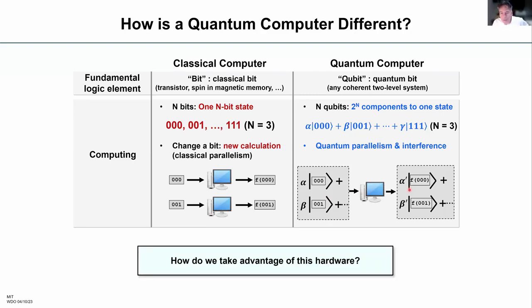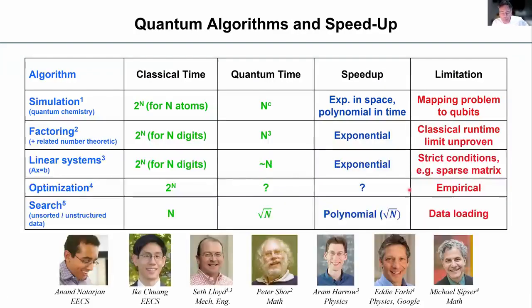So how do we take advantage of this? Well, we take advantage of it by making algorithms. As we talked about at the beginning, many of these algorithms were developed in the mid-90s and continue on today. I won't read through the whole slide, but what we have on the left are the categories of algorithm, the classical time, how long it would take a classical computer to compute, say, a problem of a size represented by n, and then the quantum time, which indicates some speedup, and also there are still limitations.